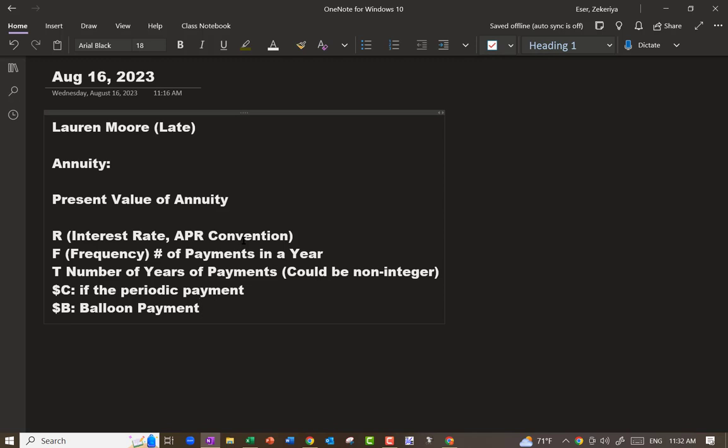Every 6 months, it pays you a coupon, and at maturity, it also pays you what we call a face value. So that would be an example of a balloon payment. So we set up our system ahead of time to include that as well. When it's time to value bonds, all I have to do is go back to the work we have done for annuities, right? If there is no balloon payment, you're just going to put it as 0.